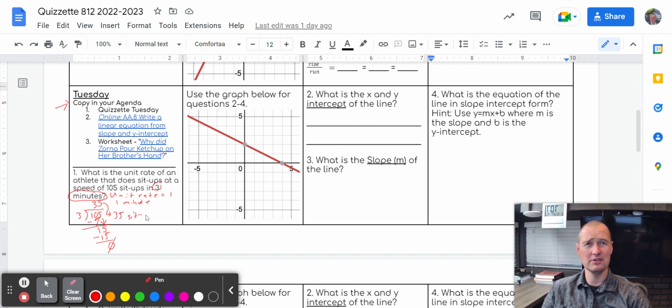That's some good exercise right there. 35 sit-ups per, okay, what are we talking about? What unit of time? Minutes. Per minute. So 35 sit-ups per minute is what we're looking for. And I want to thank those that are sitting in class right now that actually showed their steps, because that's important. So when we grade our papers, we're looking to show that the steps are there, just like we did in our tutorial here.